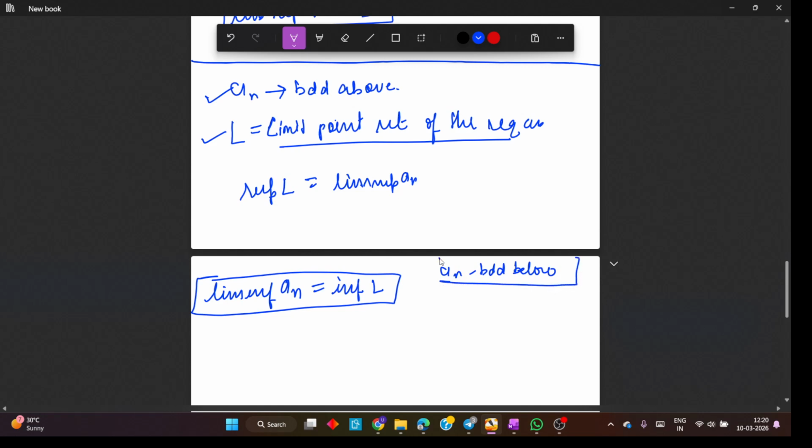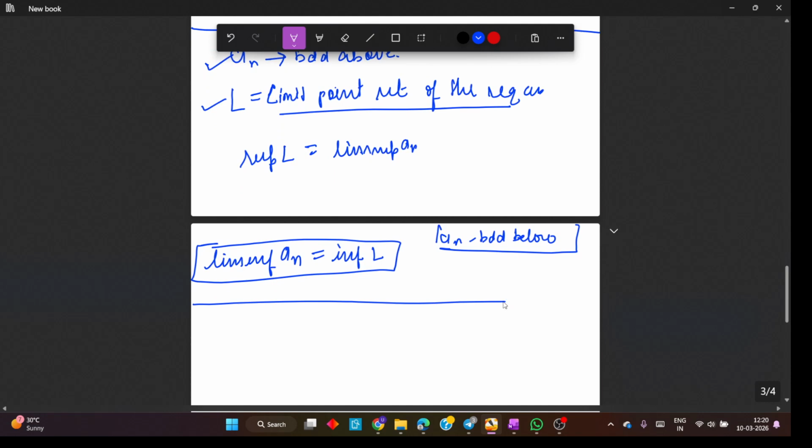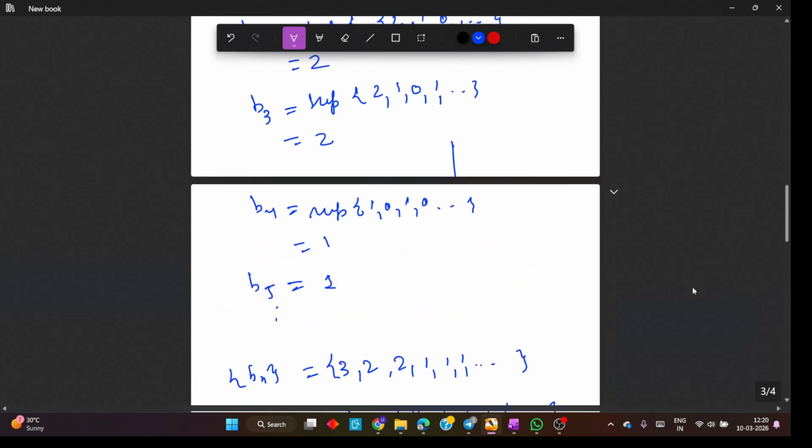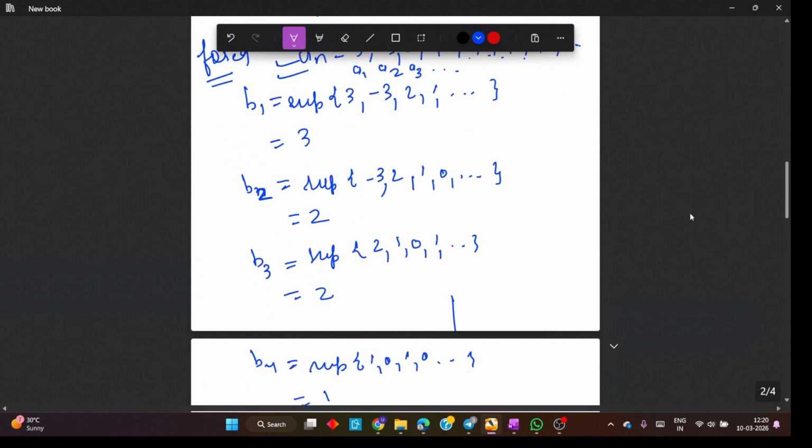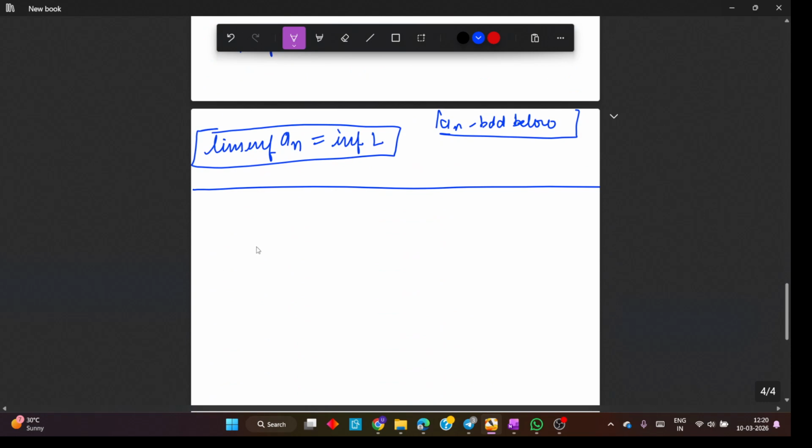Now for the sequence here, this sequence a_n is (1 + (-1)^n / n)^n.